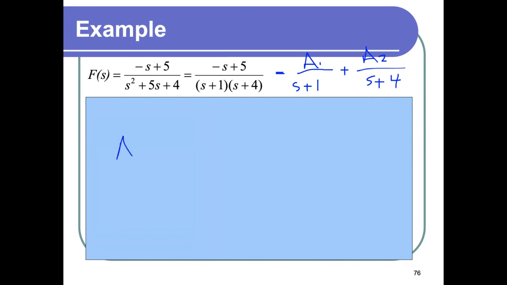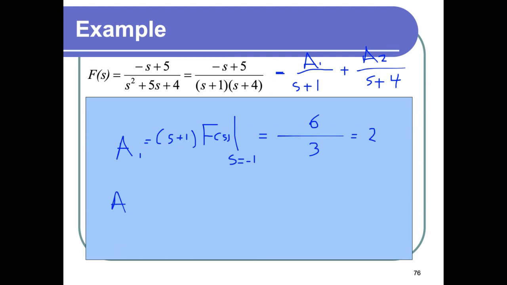So what is A1? A1 is simply you multiply F of s by s plus 1. What is the pole here? It's minus 1, so you evaluate it at minus 1. What do we get? If I have minus 1 multiplied by minus 1, then it's just 6 over 3. This is 2.